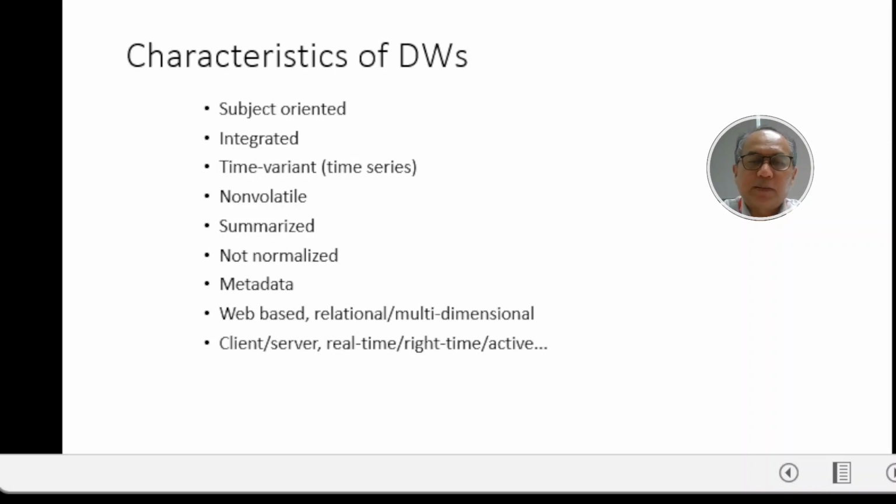This normalization is not like the normal curve in statistics; this is data normalization. And then metadata. Metadata is data about data. It explains the data, so when you have data, we also have metadata to provide a description of the data.